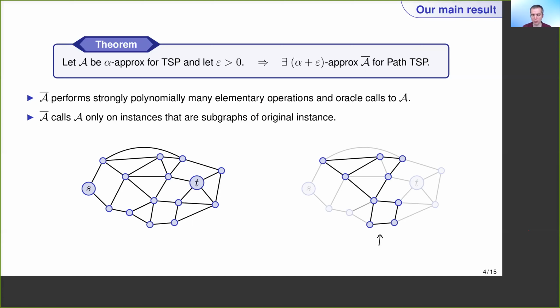And on the right-hand side, a potential call could be as shown here, where we call the TSP algorithm on this subgraph. This is important because this implies that if you start with a graph instance, then also the calls to the algorithm A are calls on the graph TSP instance. Therefore, approximation algorithms for graph TSP will also carry over to the path version of graph TSP.